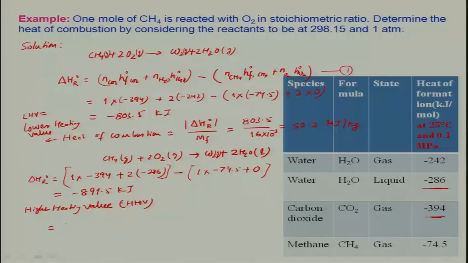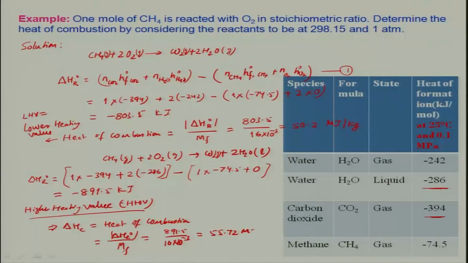HHV, is equal to the modulus of delta H R naught divided by the mass of fuel, which is 891.5 over 16 into 10 to the power minus 3, equal to 55.72 megajoule per kg.